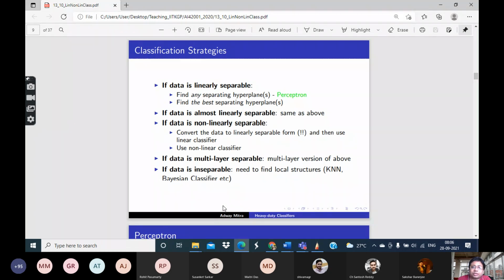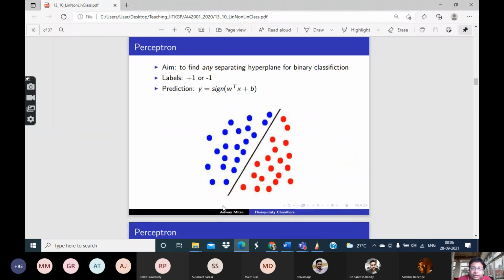That is, suppose you are given a data set and you are also told that it is linearly separable, that is to say, at least one such separating hyperplane exists, right? Then your task is to find at least one such linear structure which can separate the two classes.